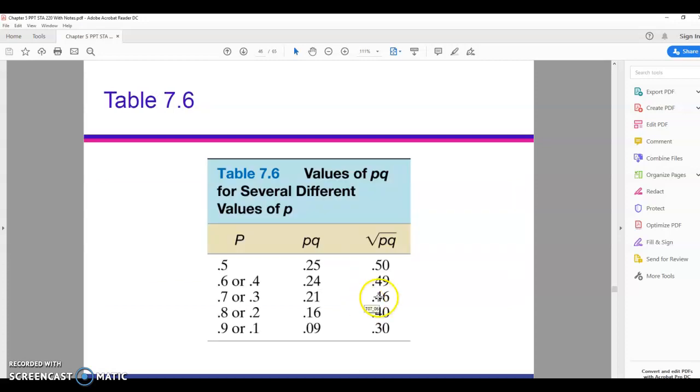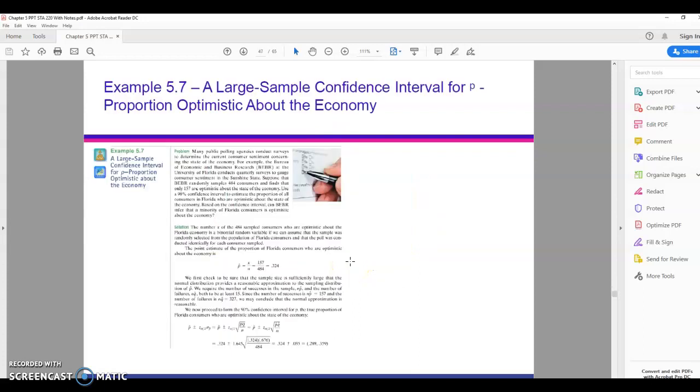Your proportion problems will also start to talk about a P and a Q, and it will basically tell you that there's so many out of your sample size, a percentage or a proportion out of your sample size that has a certain characteristic.